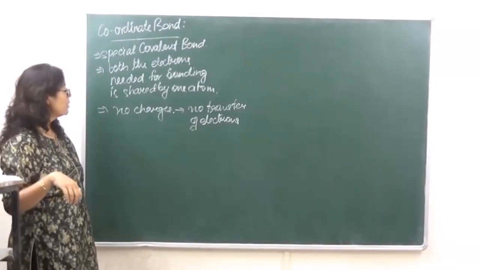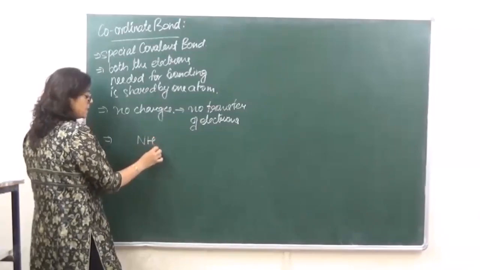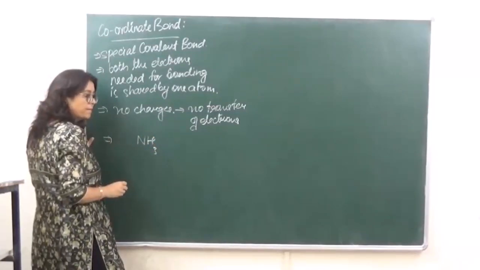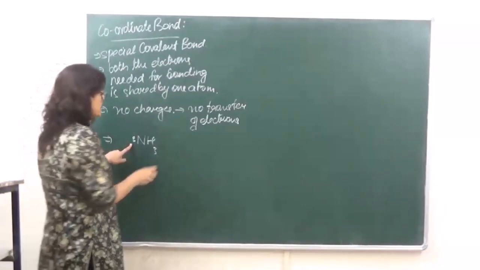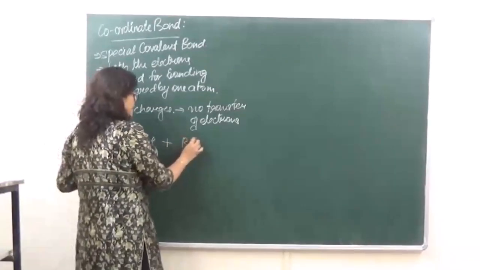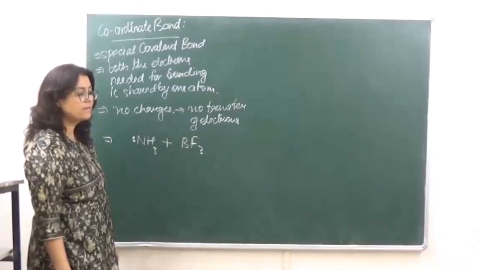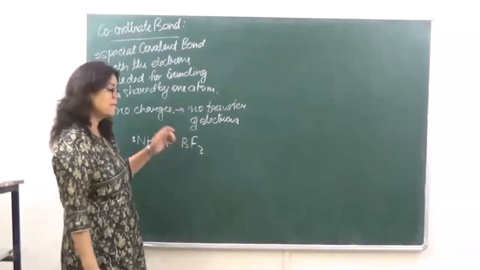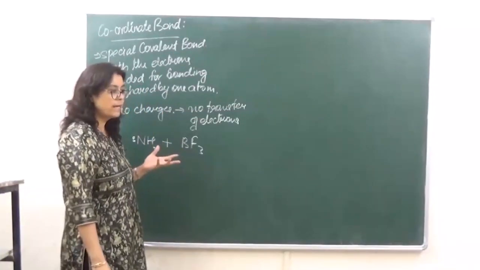For example, if we are taking a molecule of ammonia, we know that it has a lone pair of electrons, and it combines with BF3. BF3 does not have a complete octet. It has only 6 electrons in the outermost shell, so it can accommodate 2 more electrons.